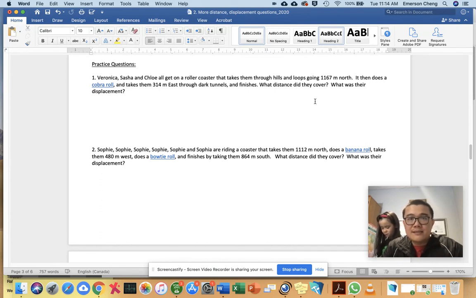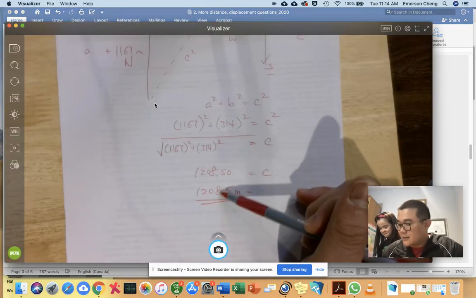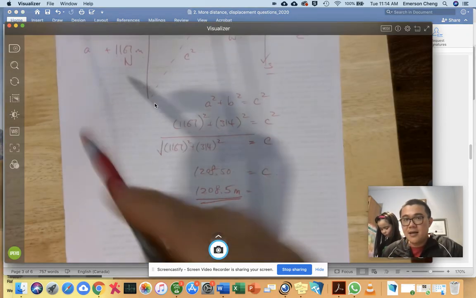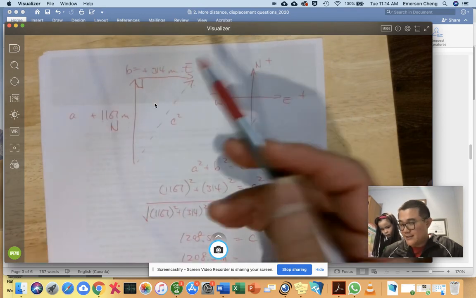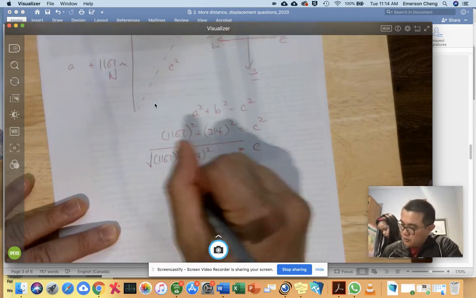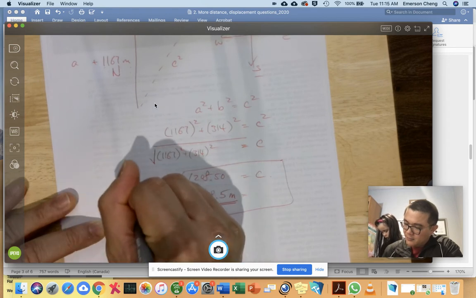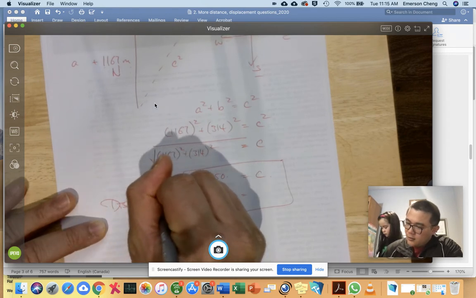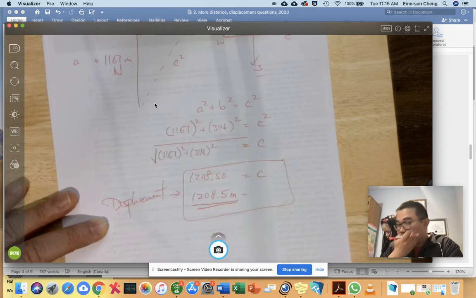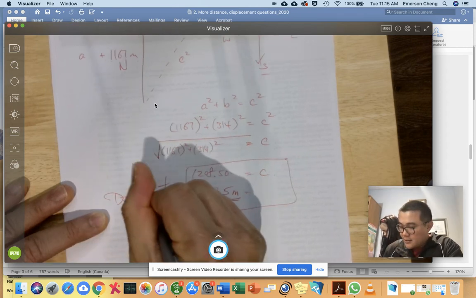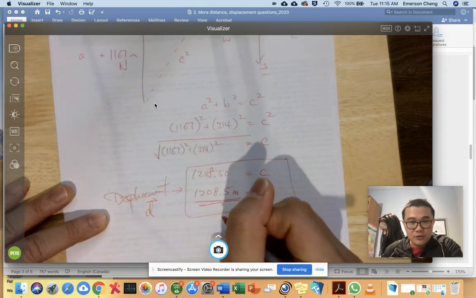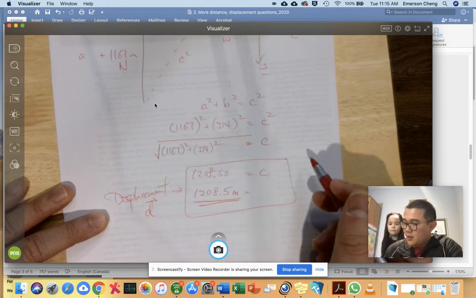What's their displacement? This will be a good question. In this case, this will be their displacement. If you remember, the symbol for displacement is D with an arrow on top.